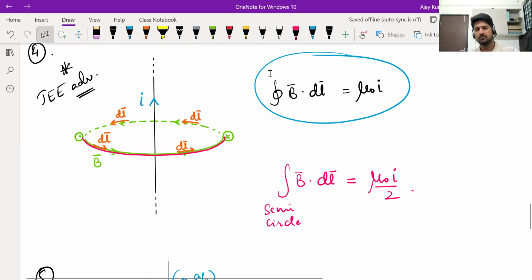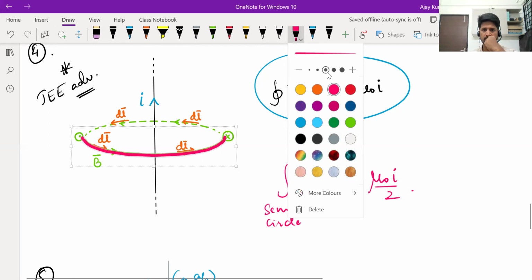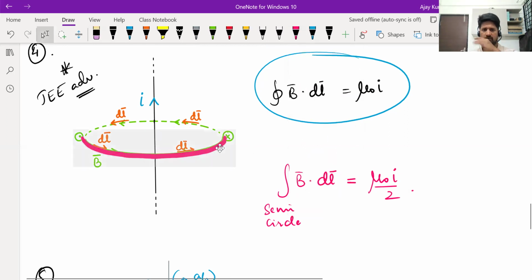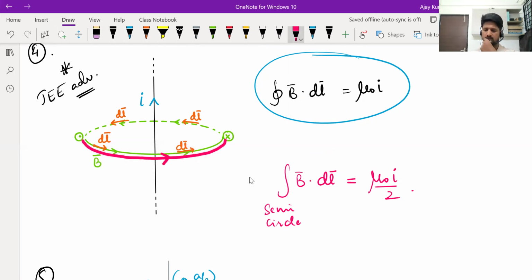What was the idea we used to derive the integral B dot dl in this case? Just tell me how we solved the previous question. So we just calculated how much distance we moved.